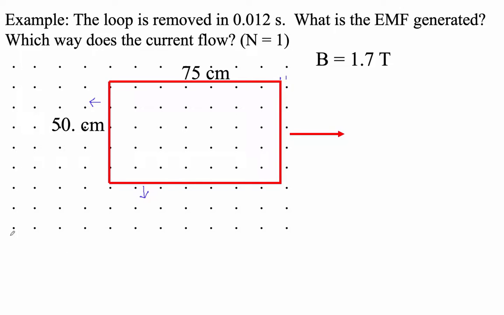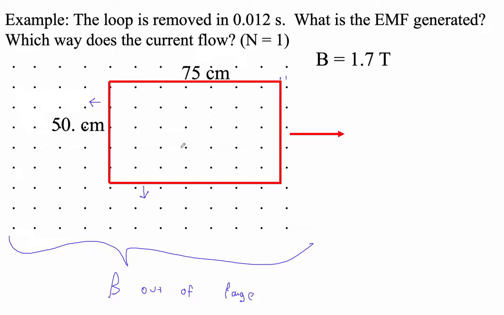These dots represent magnetic field out of the page. As soon as this loop starts to leave that area, then we have a change in flux, and then we have a situation where there's an induced EMF.